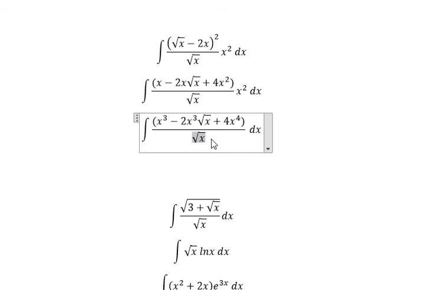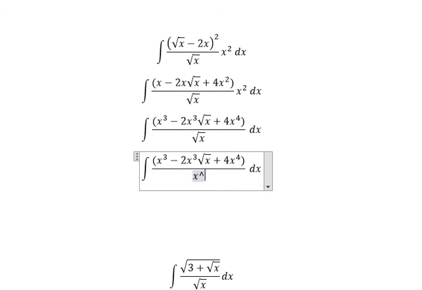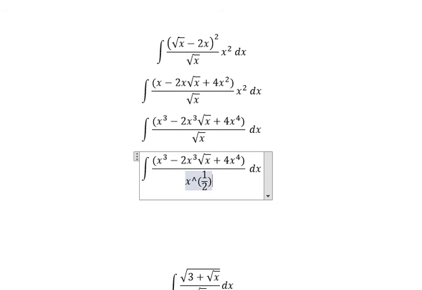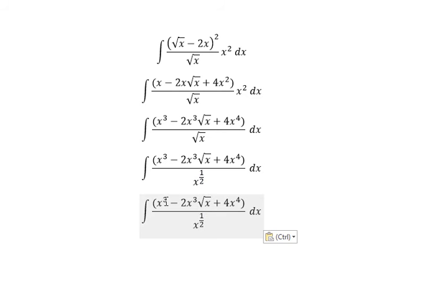Next, the square root of s, that's s to the power of 1 over 2. So this one divided by this one, and this one divided by this one, and this one divided by this one.